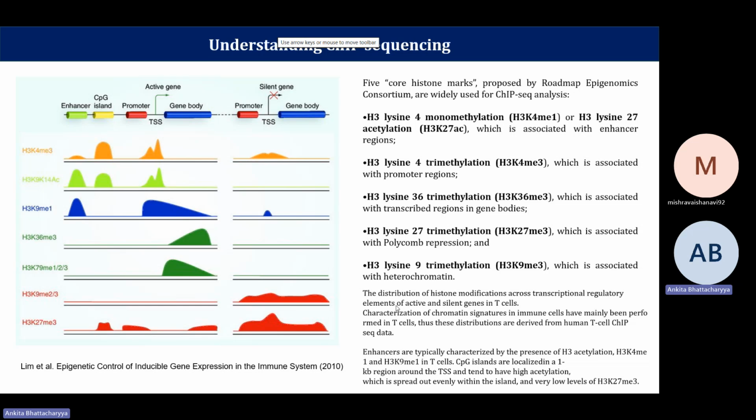Next, you have H3K4ME3, which is associated with promoter activation. Then you have H3K36ME3, which is associated with identifying which regions have active transcription within the gene body. Then you have H3K27ME3 or trimethylation, which is associated with Polycomb repression. H3K9, H3K9ME3, is associated with heterochromatinization.